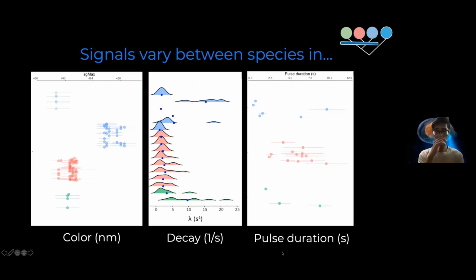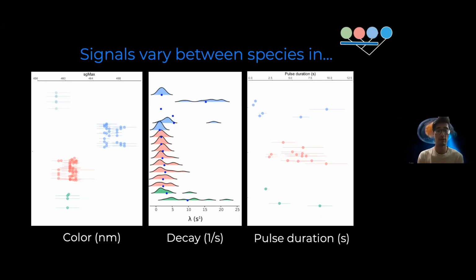If we look at a grosser phenotypic level, at pulse duration between species, we see that different species can have very different pulses and how long they're visible for, anywhere from a few hundred milliseconds for the shortest ones to maybe 10 seconds or so. So there's a lot of variability between species in what these signals might look like. And the question is, how did they change, and what are the mechanisms governing that change?